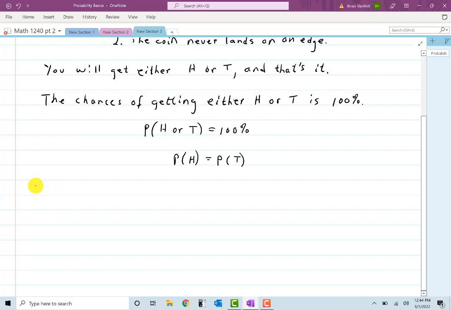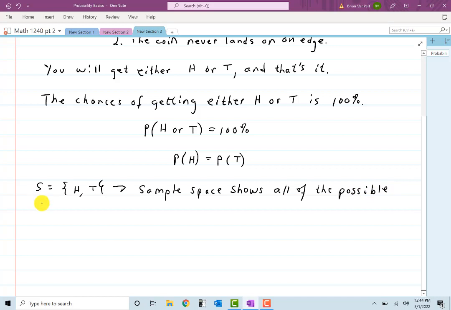Now let me write something here. S will consist, it's a set consisting of two items, H and T. This S that I wrote is called the sample space, and it shows all of the possible outcomes.